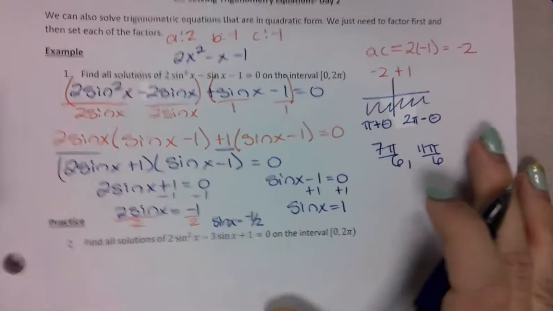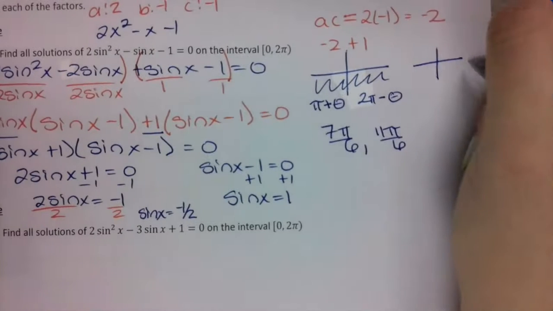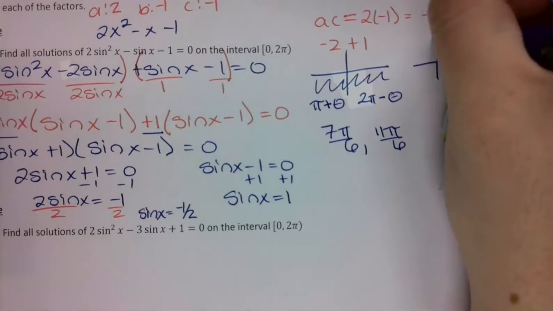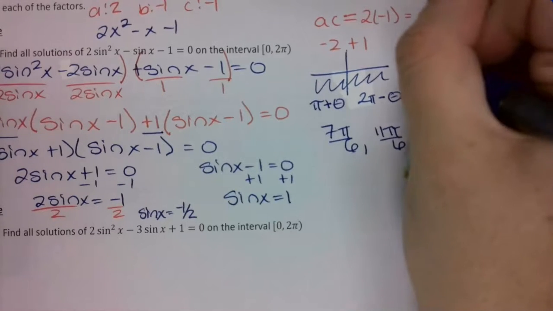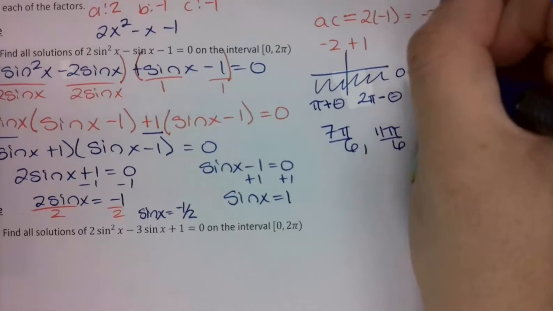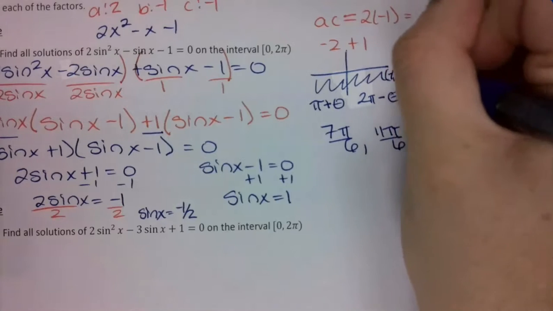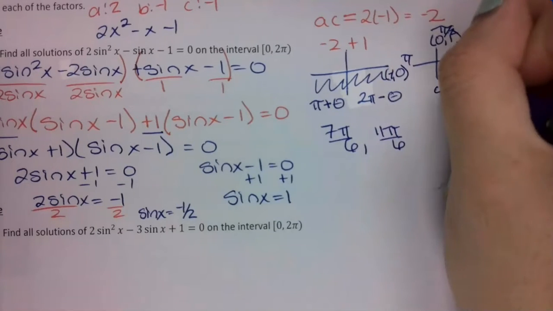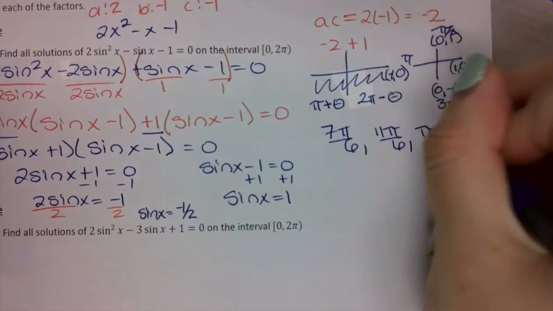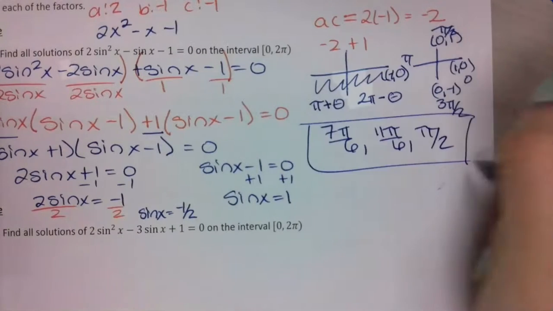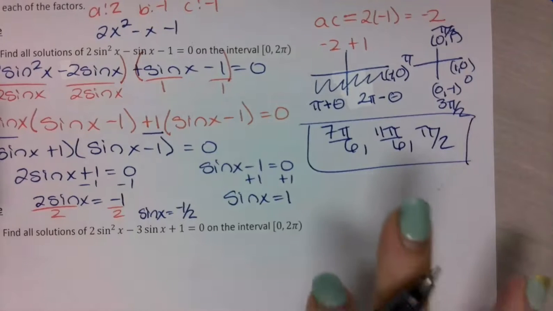Remember, that is the one where I had the coordinate points. And y is the sine value. So this one is just pi over 2. Questions here on number 1.